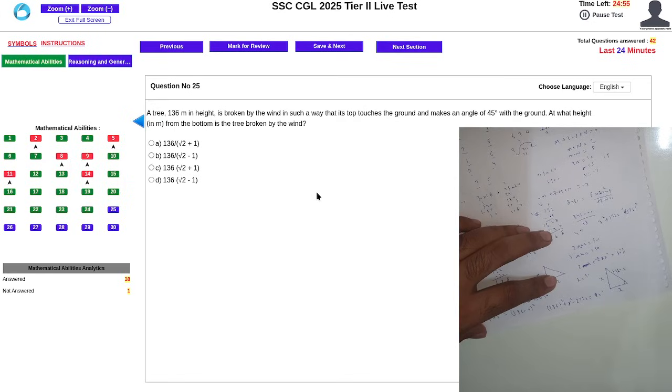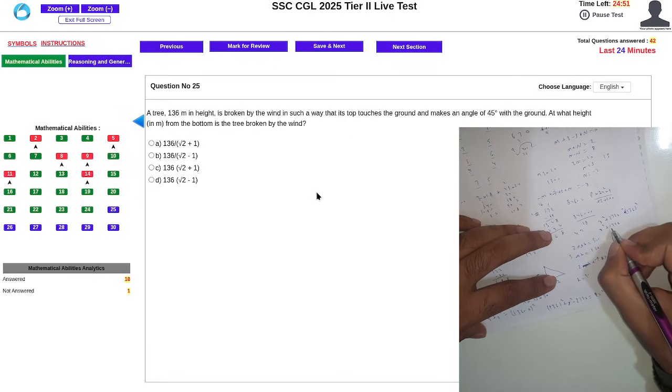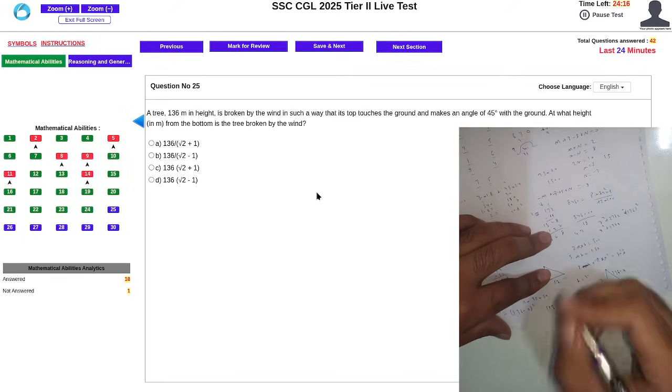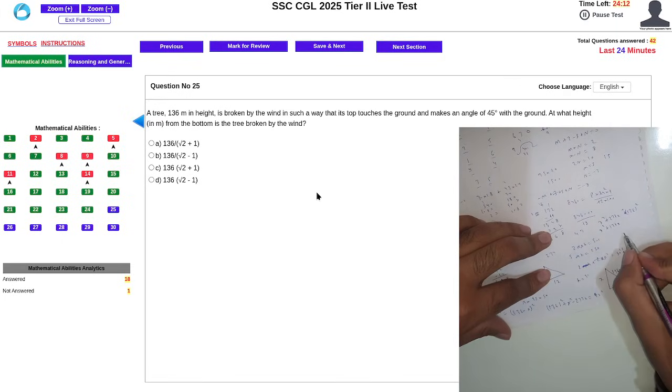So x square plus 136x. 36 को माना जाए तो 272 माना जाए तो 0x minus 68.